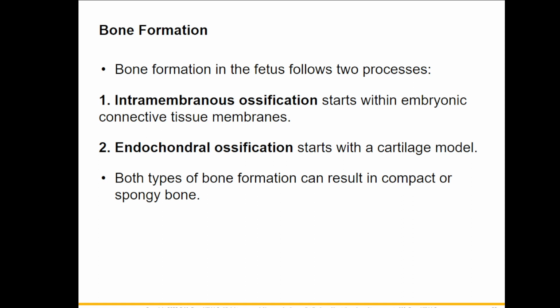So, from the connective tissue membranes, bones will form in those areas. While in endochondral ossification, it also begins while we are in the womb of our mothers, but the starting material is from cartilage. Okay? And both types of bone formation result in both compact and spongy bone.